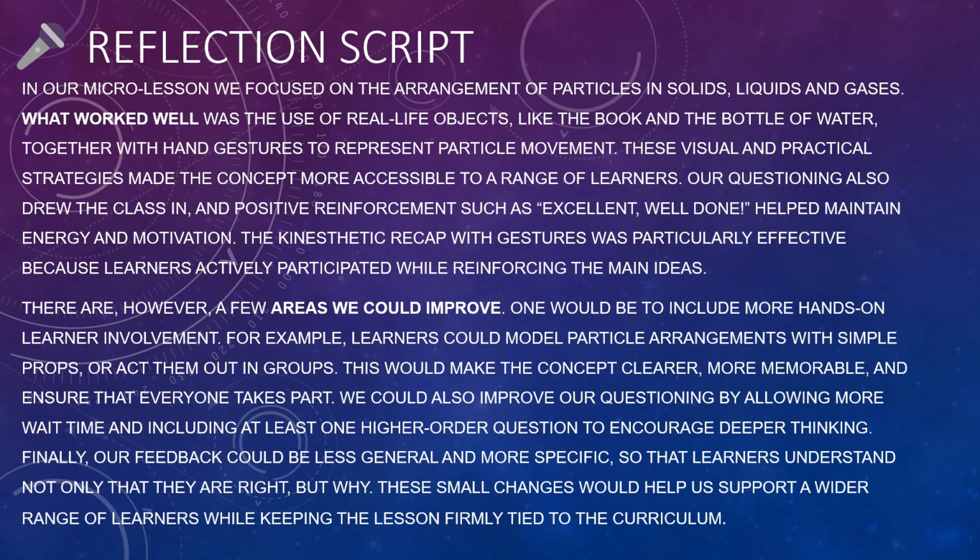Reflecting on what worked well and what we could improve. In our micro lesson, we focused on the arrangement of the particles in solids, liquids, and gases. What worked well is the use of real-life objects, like the book and the bottle of water, together with the hand gestures to represent particle movement. These visual and practical strategies made the concept more accessible to a range of learners.